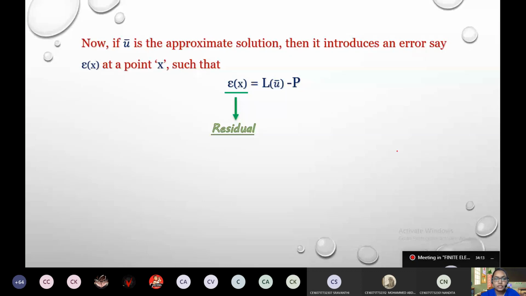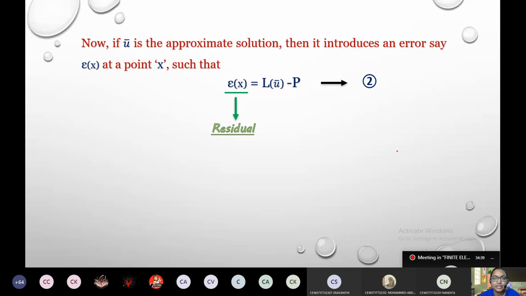This epsilon of x, the error that is left over, we are calling a residual. Please remember, when it is about an approximate solution, whatever answer you get may be positive or negative. The approximation can be less than the exact answer or more than the exact answer.